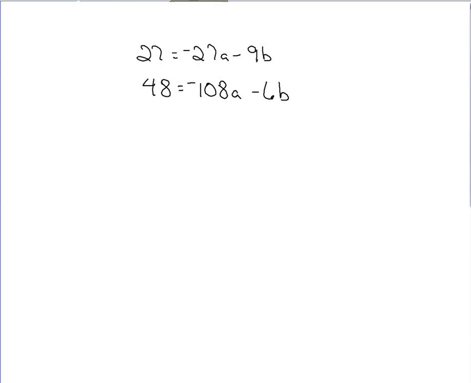What do we want to get rid of here? Want to get rid of the b's? Doesn't matter to me. Actually, if you wanted to, you could get rid of the a's by multiplying that top equation by, should be 4, right? All right, 4 times 27, that's 108, isn't it?